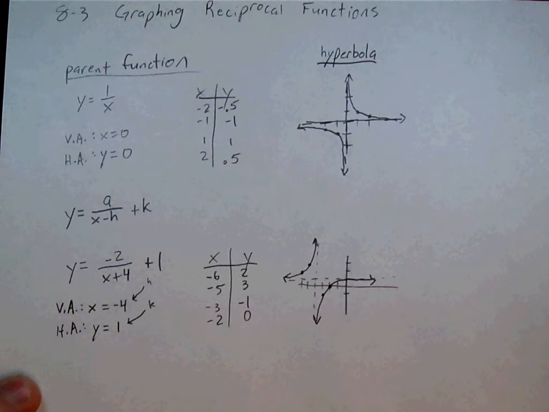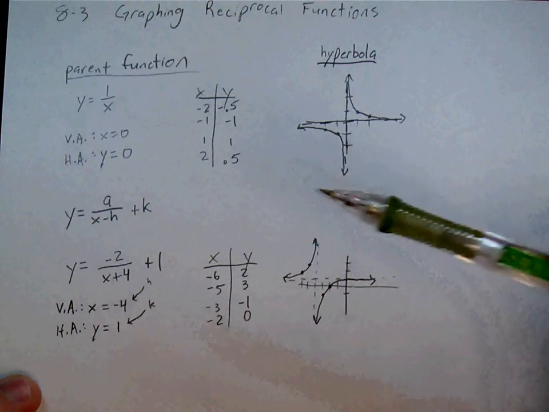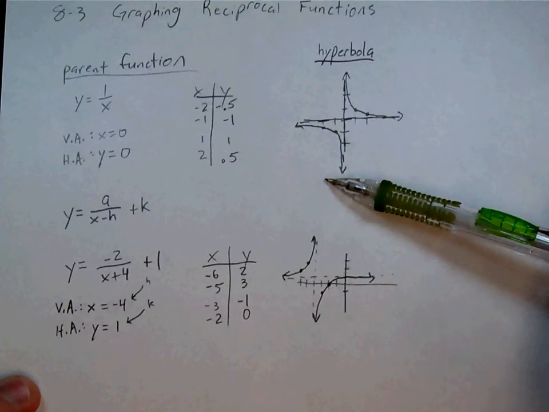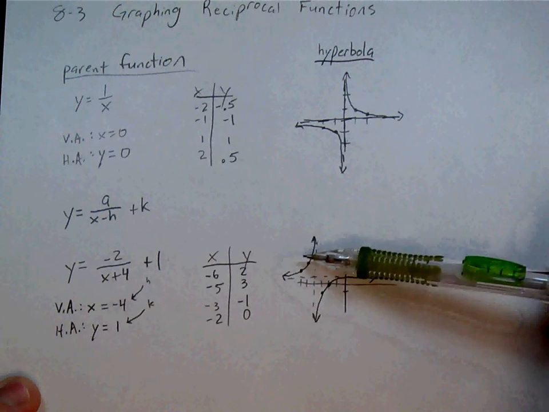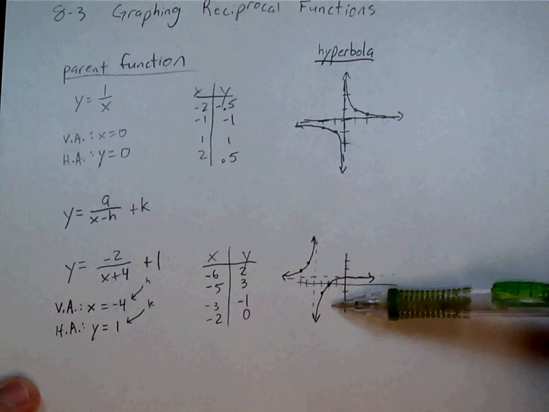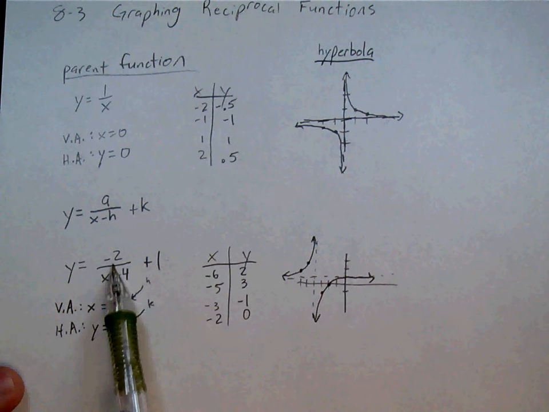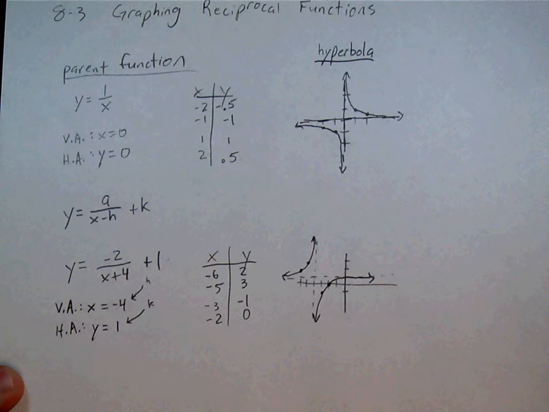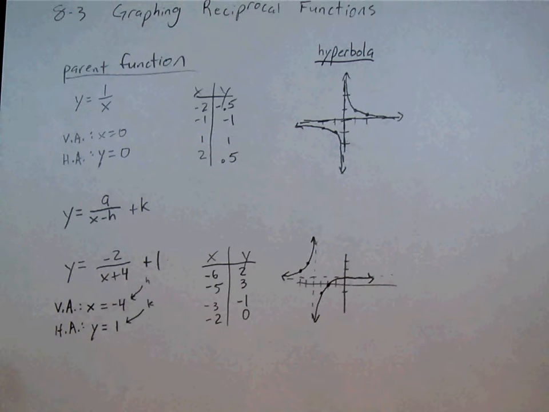So there's my hyperbola. Notice it has been reflected from the parent function. The parent function, the left side was in the lower left quadrant. Now I have the left side in the upper left quadrant. And then the right part was in the upper, now it's in the lower. So it's been reflected. That was because that a value was a negative. Because the a value is 2, it's growing at a faster rate than our first one. So it was a stretch.